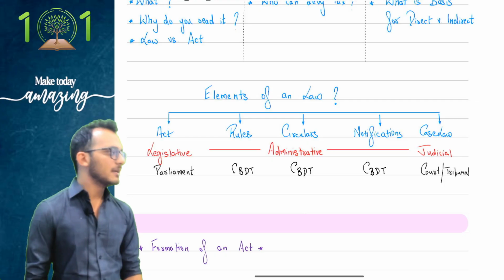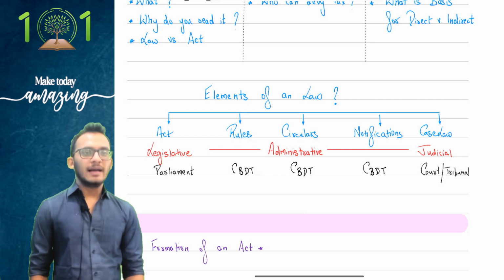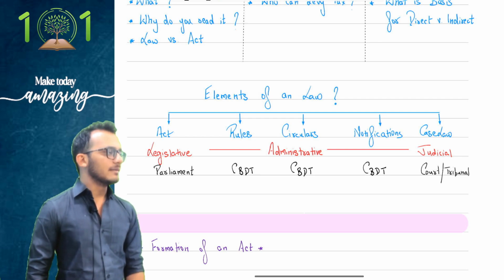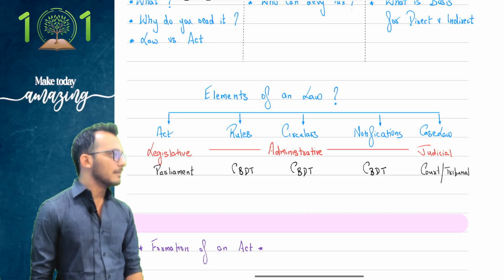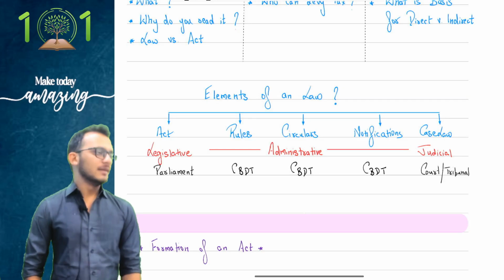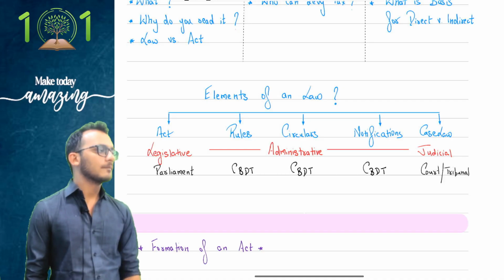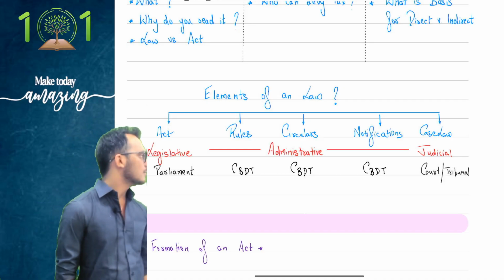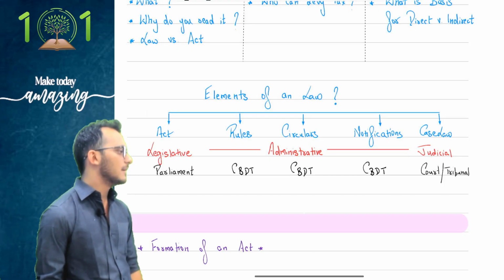From the top of your mind, people, tell me, of the 5 items I've given you, who does what? Act is done by the legislative assembly. Rules are done by the administrative body. Circulars are by administrative. Notifications are by administrative. And judicial ones are by the judiciary. Very good. That is what you're going to write. Act is done by the legislative body.